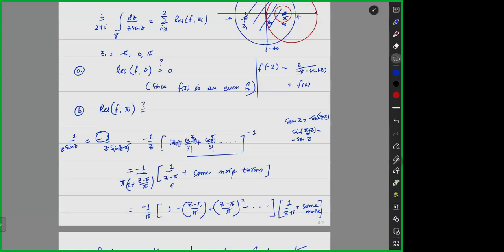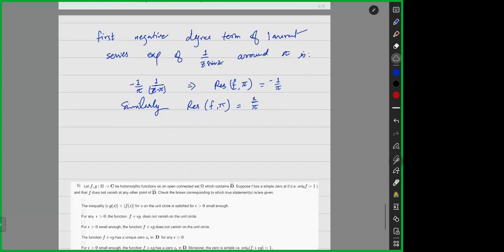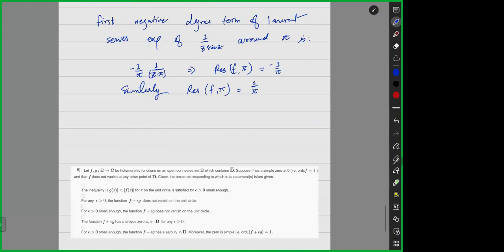What? Okay, let's see more clearly. What change are we doing? Sin pi minus z. This is sin z. So when you write z minus pi, then you have to multiply by minus. So this is minus of sin z minus pi. Okay, so one minus appears here.